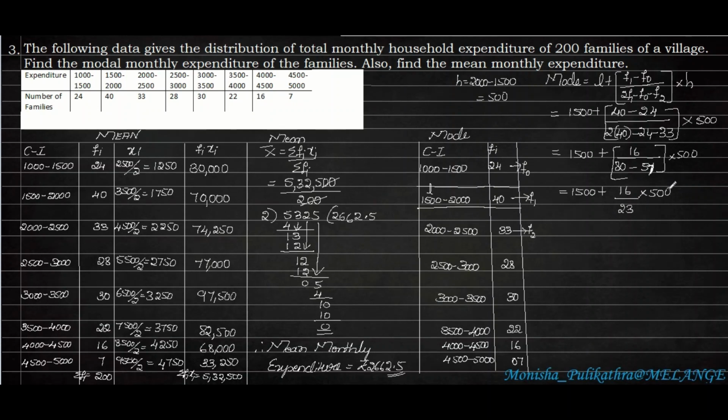We can't cancel all these things, so we can multiply 16 into 500. So it will become 1500 plus 16 5s are 80, so by double zeros, 8000 divided by 23. Now we can divide these two.